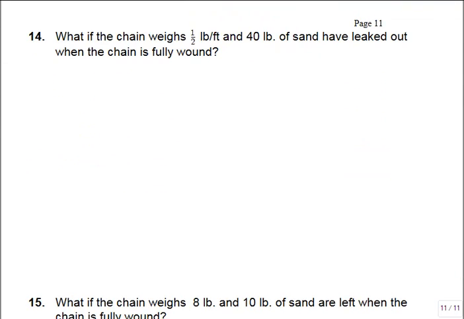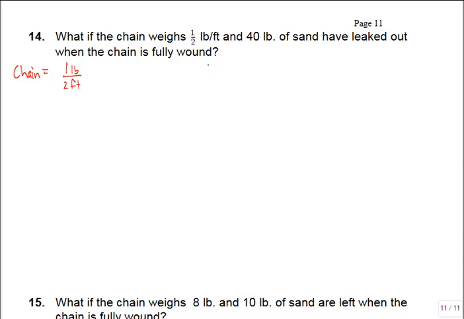Okay? Last two examples. What if the chain weighs 1/2 of a pound per foot? So this is our new linear density. They're already telling me that fraction to use. So for our chain, it weighs 1 pound for every 2 feet. And we have 40 pounds of sand that have leaked out when the chain is fully wound.